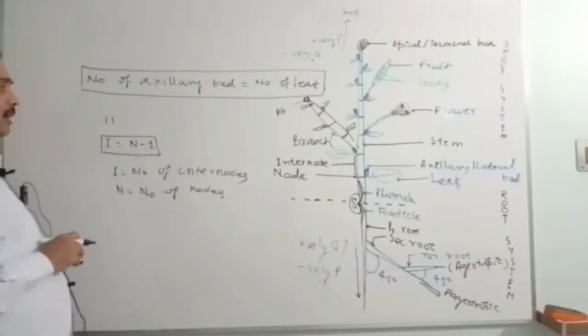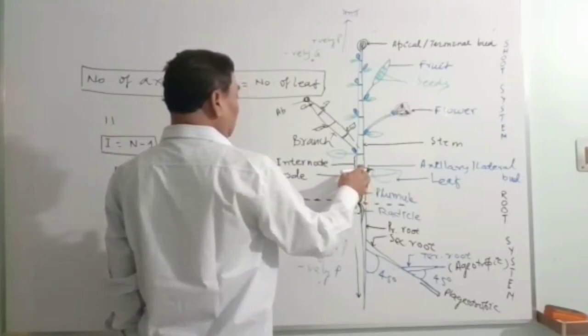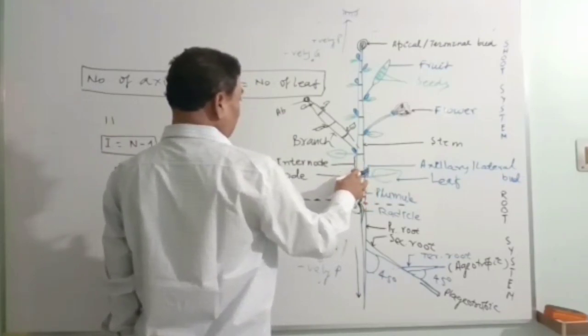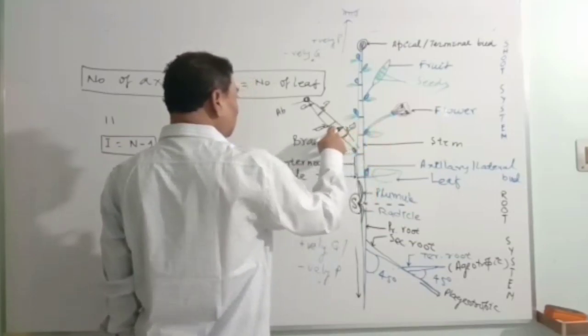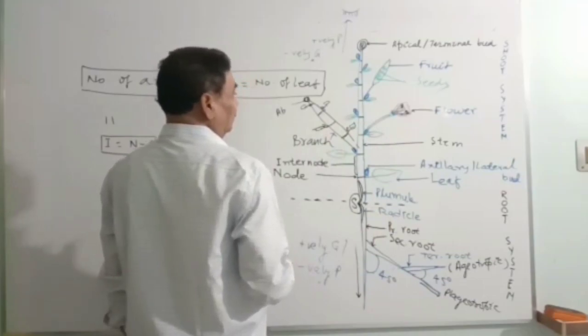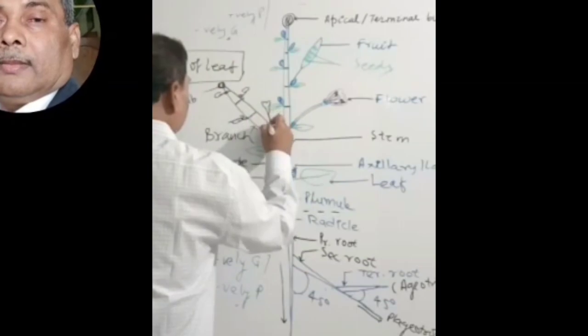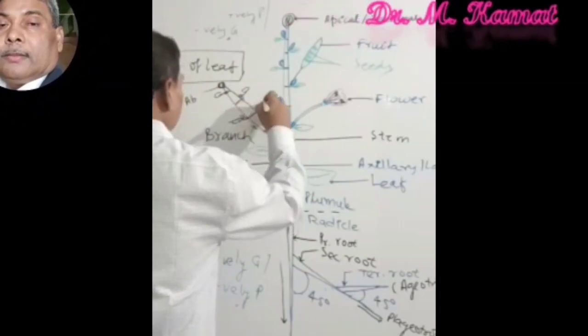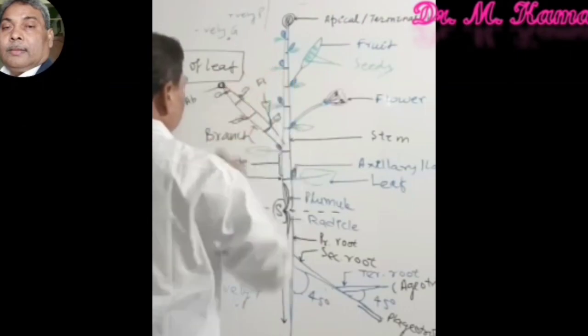Here one thing is remarkable, that the axillary bud present on a stem may form either flower or a branch, not the both. However, the axillary bud present on branch may form again sub-branch or flower.